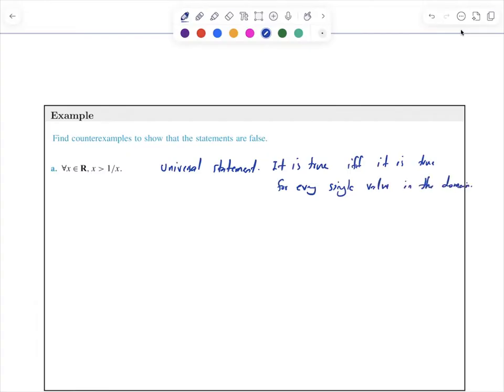So if you can find one value that doesn't fit into this statement inequality, then it means that you found a counterexample. But obviously, if you plug in 1, 1 is not more than 1. 1 is more than or equal to 1. So each one of you can come up with a counterexample here.